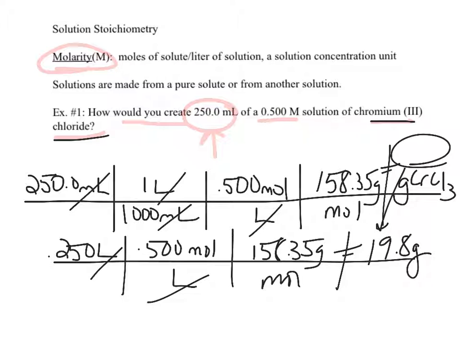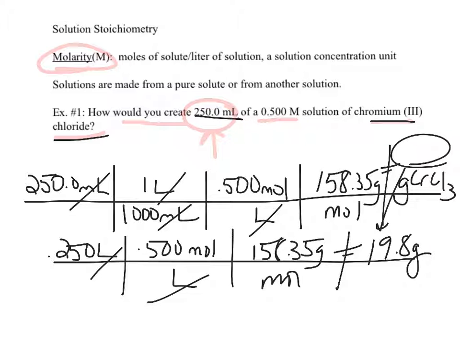Now you're not done at this point because you need to explain how to make that. Once you measure out the 19.8 grams, you would dissolve that in enough water to completely dissolve it, but not exactly 250 milliliters. You would have less than that.